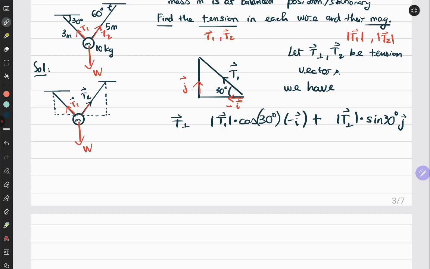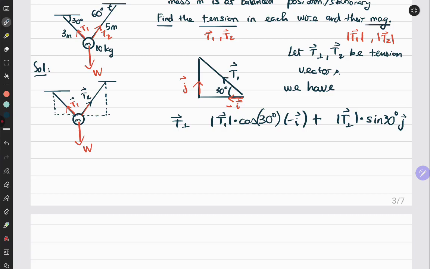Cosine of 30 degrees, which is cosine of this, equals u over T1. Let's speak in terms of adjacent and hypotenuse. Adjacent over hypotenuse. In this case, adjacent is this, over hypotenuse is this. Right? I need this, right?